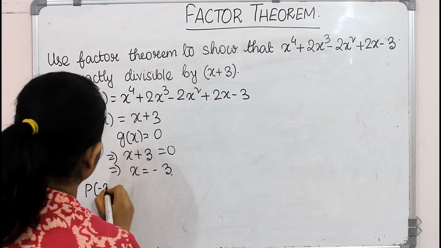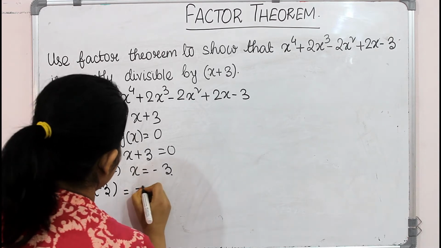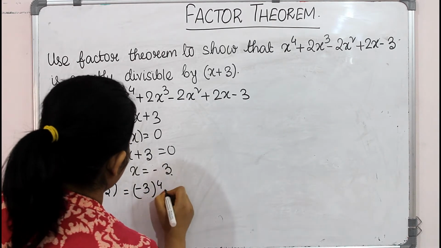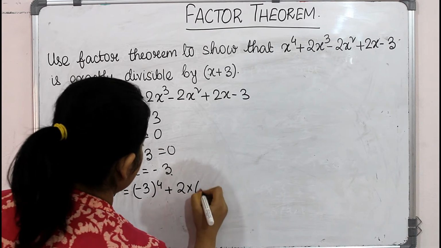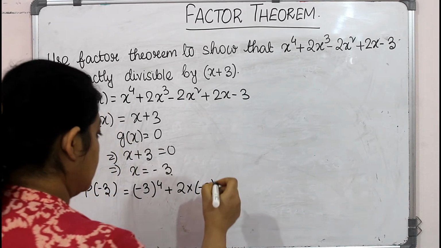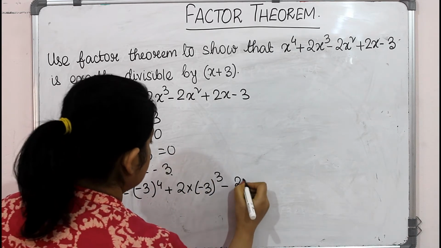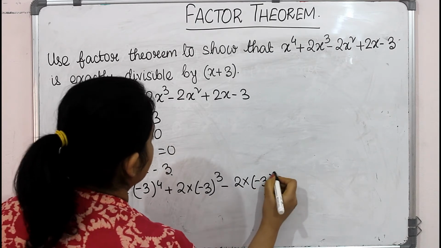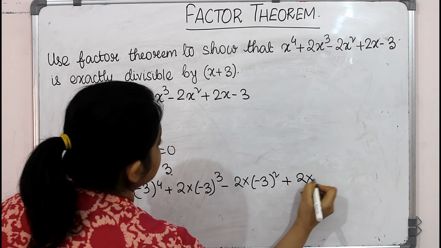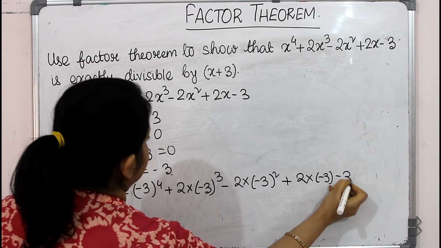So p(minus 3) equals (minus 3) to the power of 4 plus 2 into (minus 3) cube minus 2 into (minus 3) square plus 2 into minus 3 minus 3.